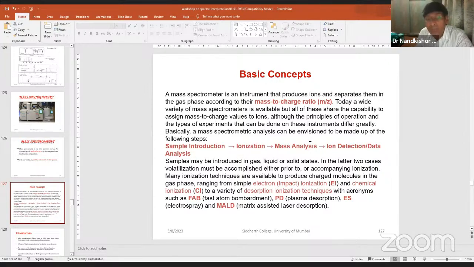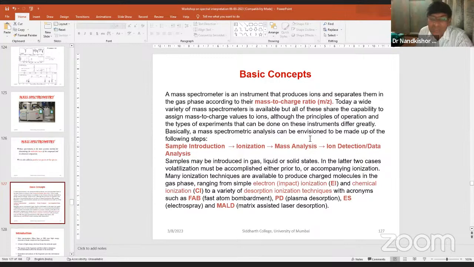The unit here is m by z, or m by e, where e or z is the charge. The mass of the fragment is obtained by adding the atomic masses together, and we divide by the charge, whether it is a positive charge once or twice. In most cases there is one positive charge, so whatever the mass of that fragment is, that is considered to be m by z.